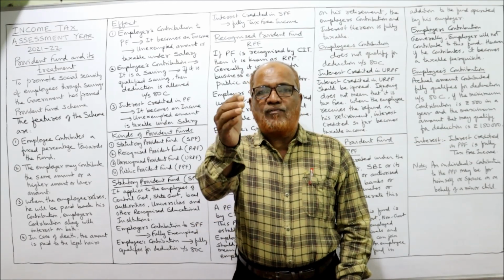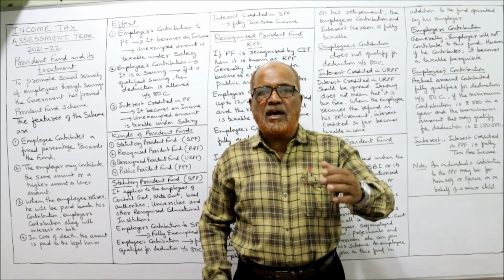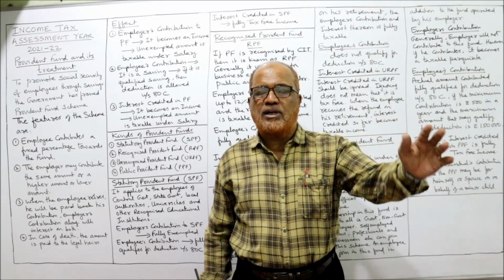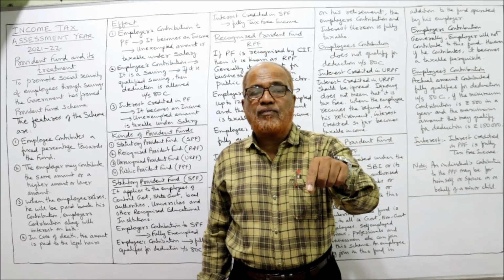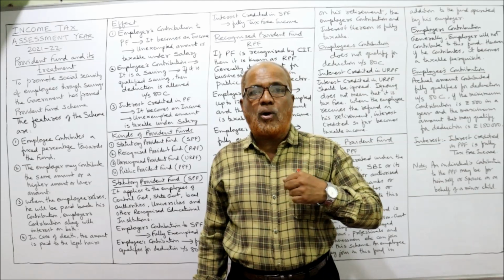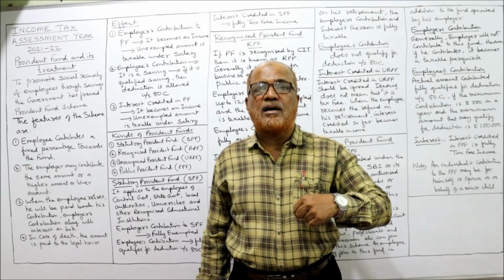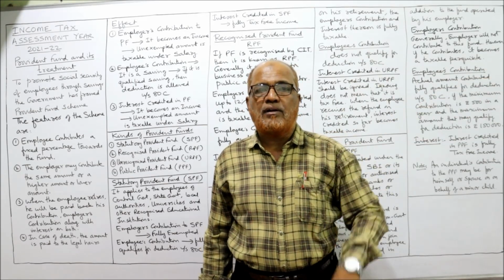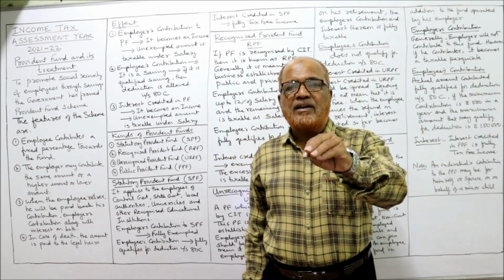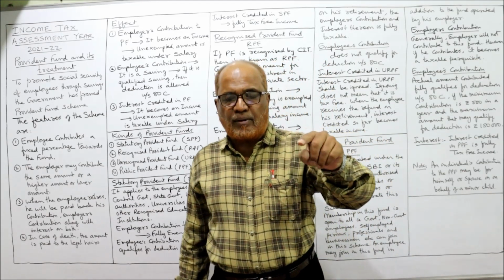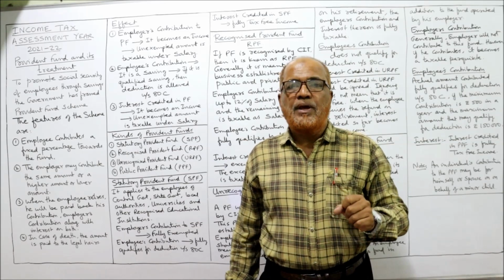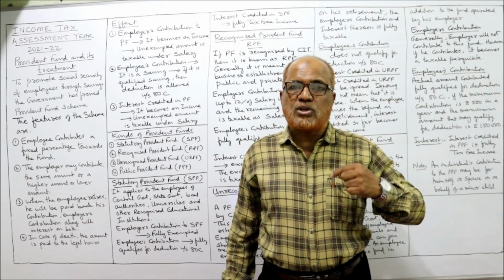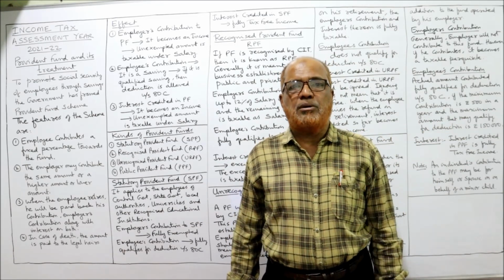From 50,000, 5,000 rupees are deducted, and every month 5,000 rupees are deposited in your Provident Fund scheme. Apart from that, the employer will also contribute from his side to the Provident Fund. In your account, 5,000 rupees will be deposited from your income, and 5,000 rupees will be deposited by the employer also in your scheme.